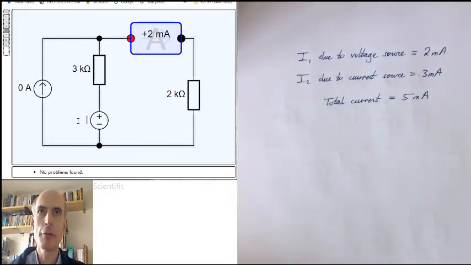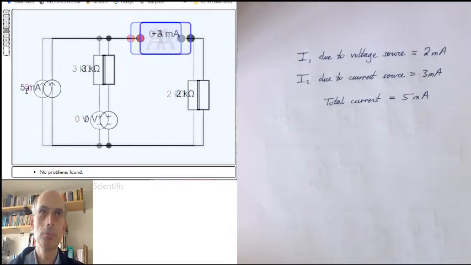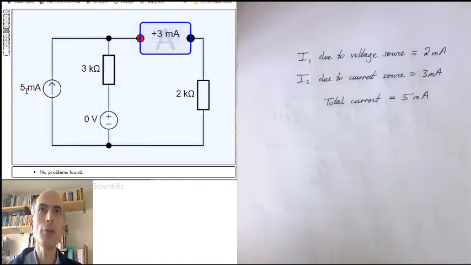I then turn off the voltage source, set it to 0, turn on the current source to 5 milliamps. And yes, our prediction that that should give 3 milliamps is also correct. And if we turn them both on at the same time, yes, the total current through the 2K resistor is 5 milliamps. Good. Let's do another one.